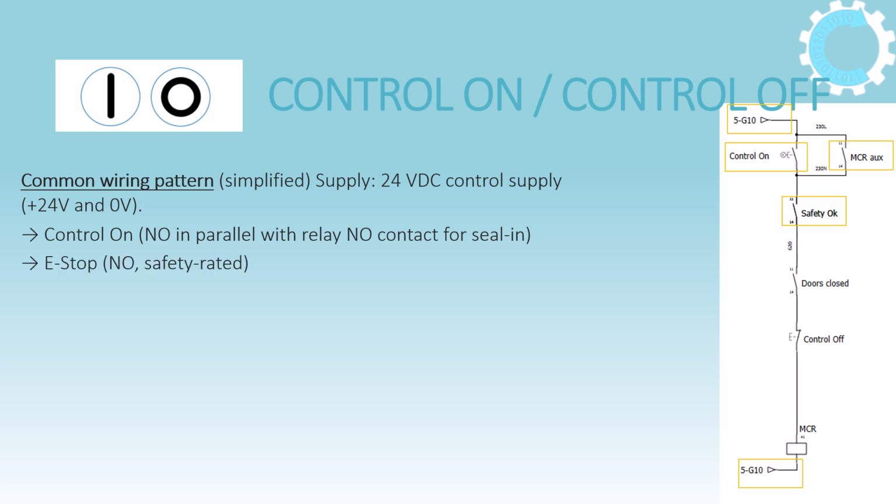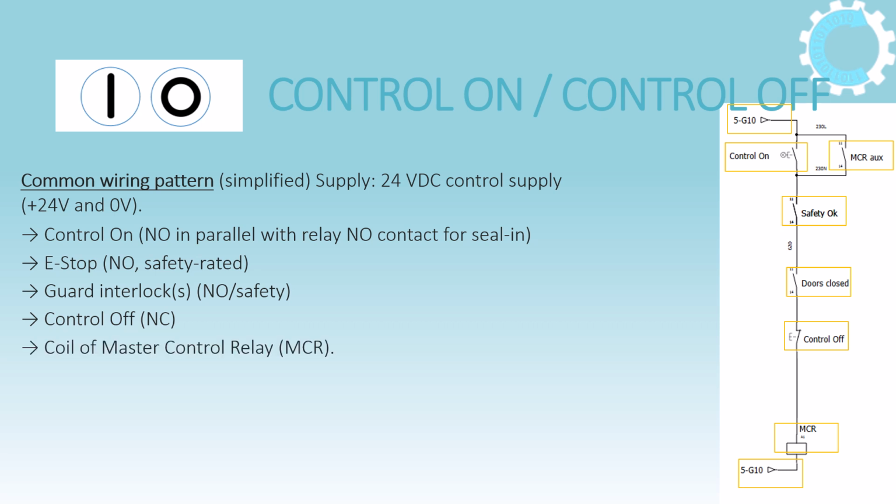Second, an emergency stop contact that is normally open. Then comes also some guard interlock contact that is also normally open and which is also safety rated. The last contact is the control off button, which is a normally closed one. These serially connected contacts allow energizing the coil of the master control relay, MCR, with the 24 volts.